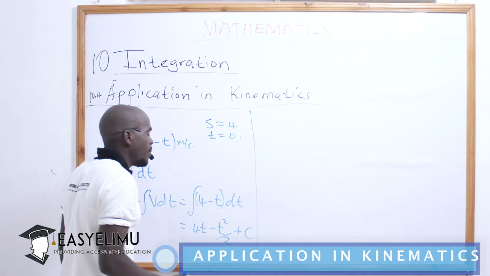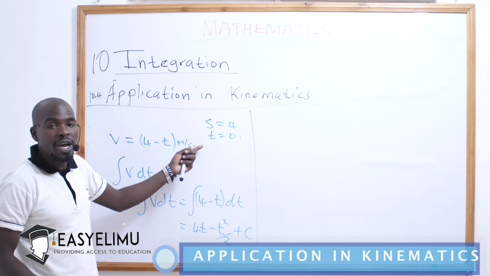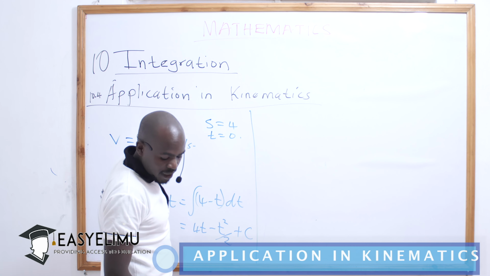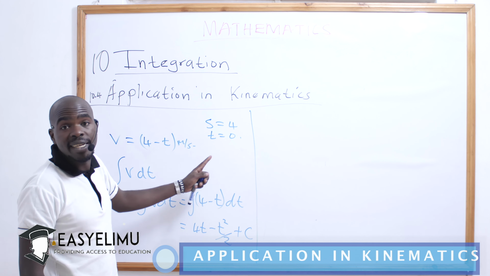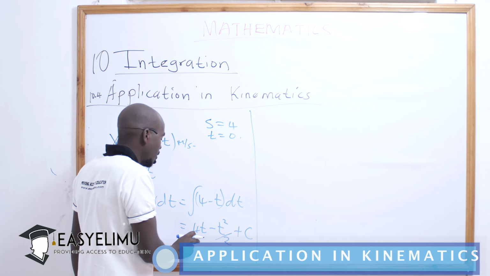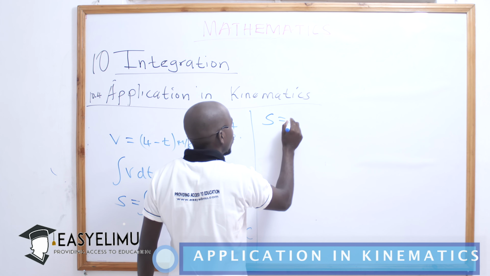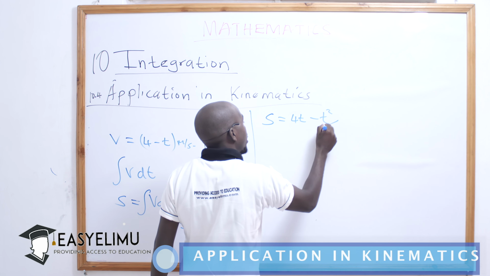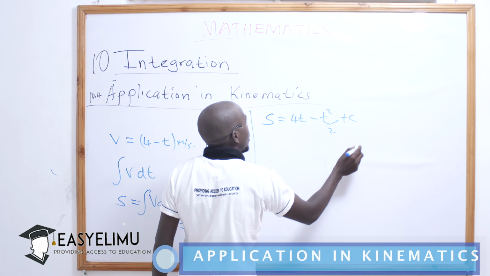But remember, we have been told to find the expression of the displacement given that s equals 4 and t equals 0. So that means the displacement equation we have found is 4t minus t squared over 2 plus c.